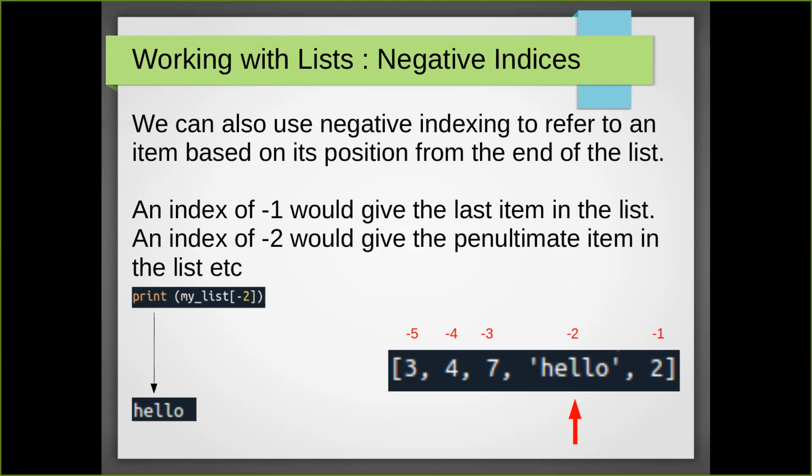You probably won't use negative indices as much as positive indices, but it's worth knowing that you can do it, particularly if you need to refer to the very last or penultimate items within a list. So here, if I said print my list -2, that will give me the next to last entry, which would be hello, and that's what will be printed.